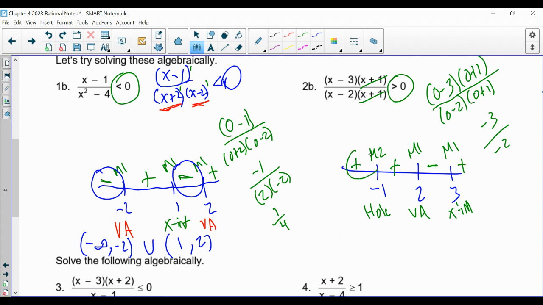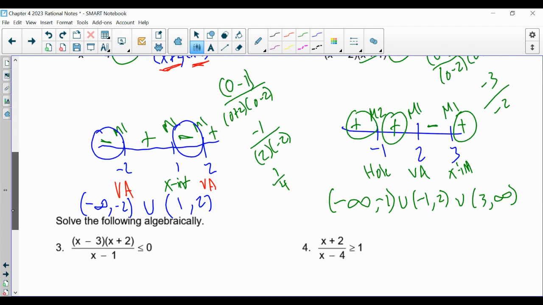So even though we have 2 positives next to each other, because this is a hole, we do have to write 2 separate intervals. So negative infinity to negative 1, union negative 1 to 2, and then we also have this one way out here, so 3 to infinity. Okay.